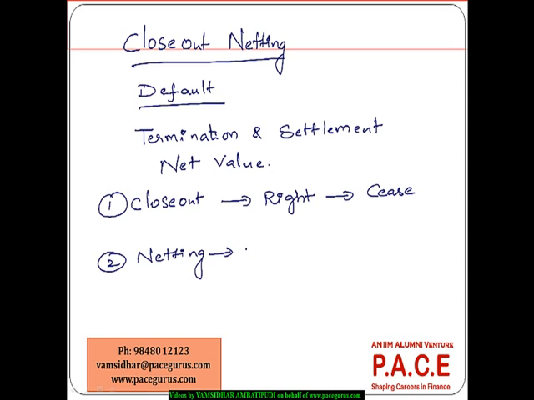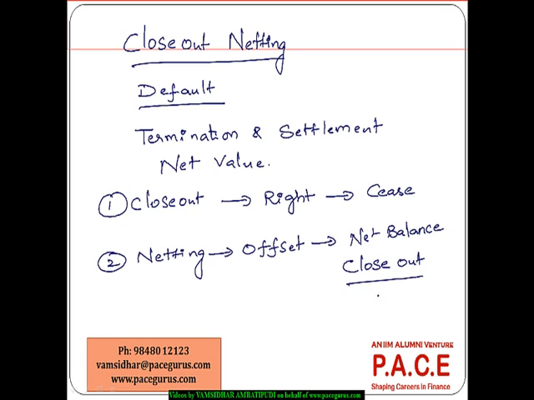Whereas netting is a right to typically offset the amounts due at termination to determine a net balance. Netting is actually determining the net balance. So it's a simple summation of the positive and the negative mark-to-market values, which will finally determine the final closeout amount.